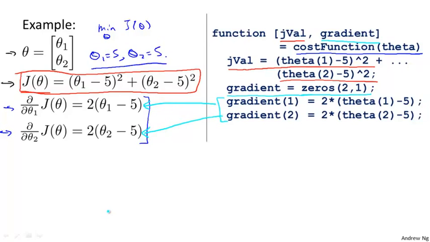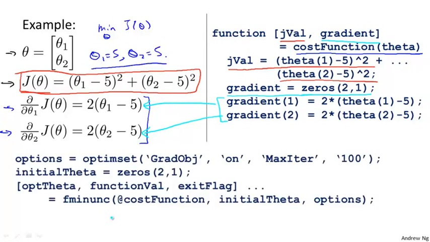Having implemented this cost function, you can then call the advanced optimization function called fminunc. It stands for function minimization unconstrained in Octave. And the way you call this is as follows. You set a few options. Options is a data structure that stores the options you want. So GradObj on sets the gradient objective parameter to on.